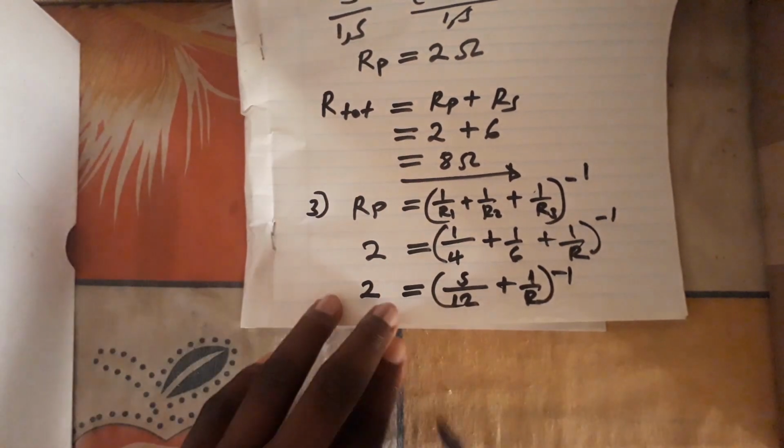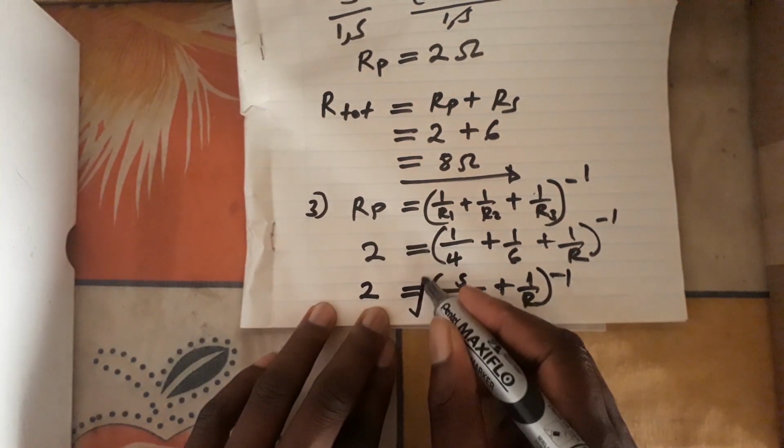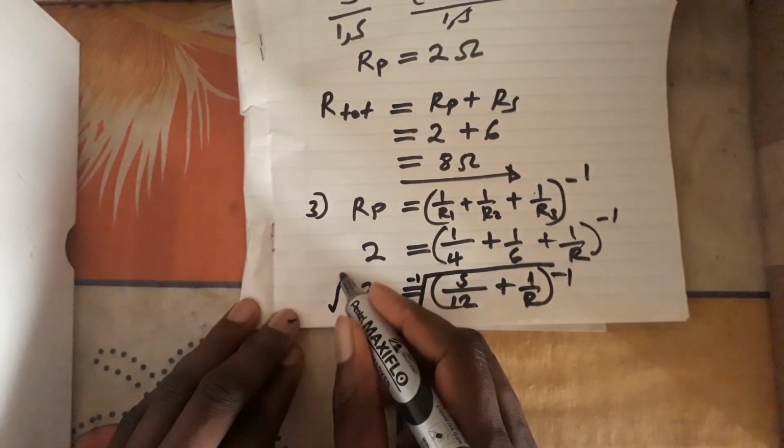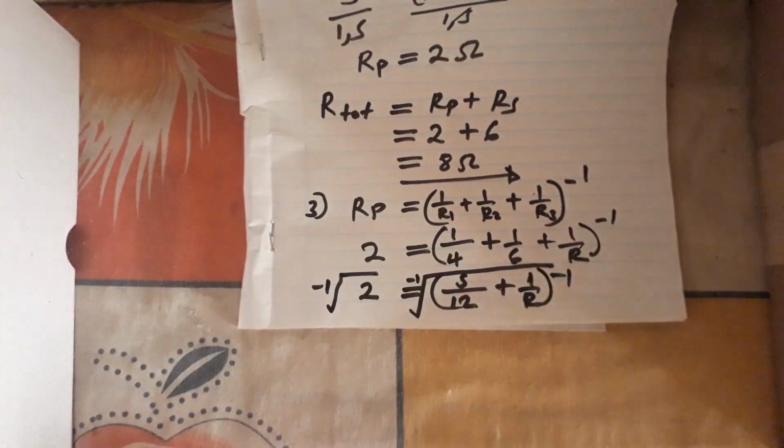To remove this, just put a root of negative 1 on both sides.